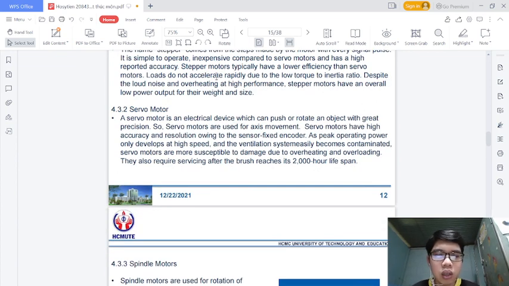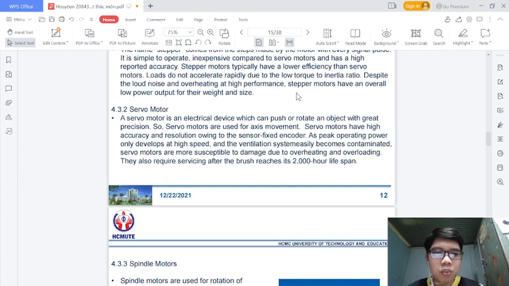Servo motor is an electrical drive which can push and rotate an object with precision. So, servo motors are used for axis movement. Servo motors have high accuracy and resolution due to the sensor fitted to them.